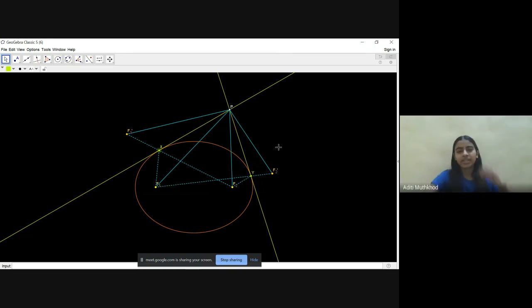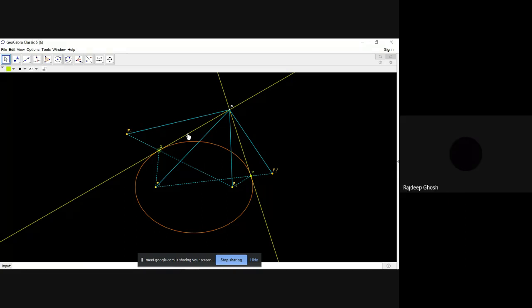So F1 prime PX is equal to XPF1, and F2PY is equal to YPF2 prime. What if I tell you these two things are also equal to each other? Yeah, that would make sense. Do you see why?